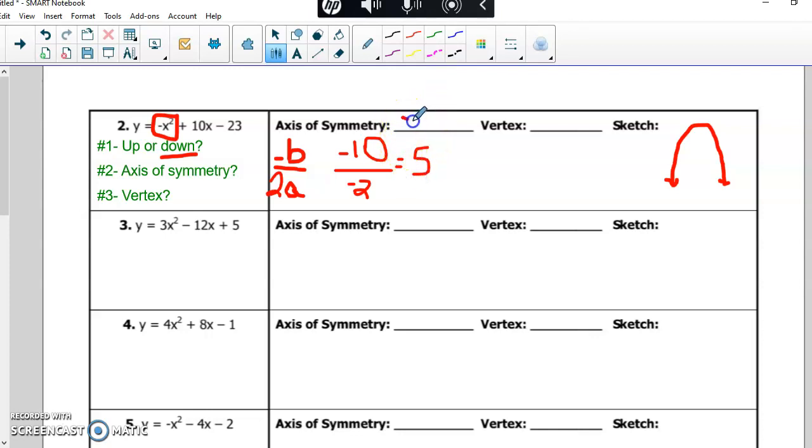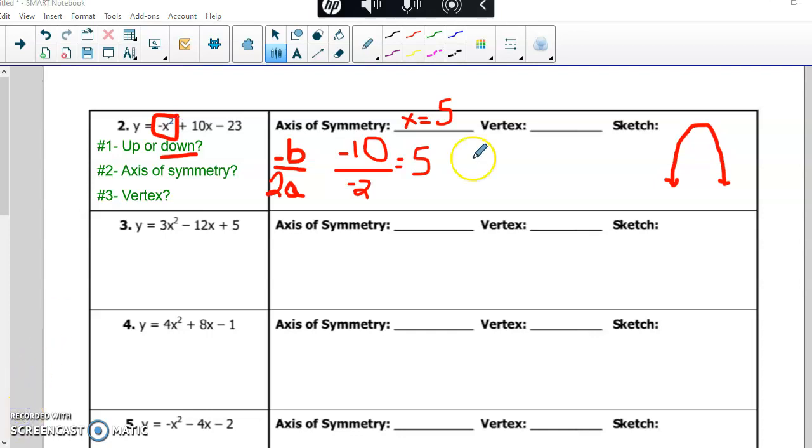Remember, our axis of symmetry is always an x equals because we're talking about that vertical line that goes up and down. So I have x equals 5, which means I am now ready to figure out my vertex because my vertex is just that xy coordinate. So all I need to do is plug in this value of x into my equation and go from there.